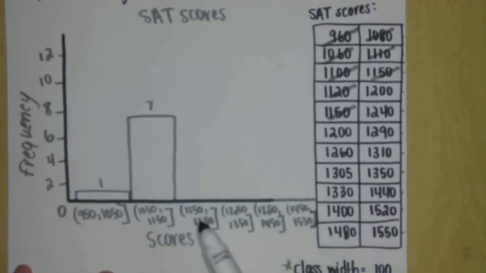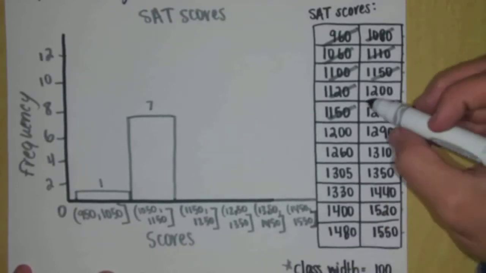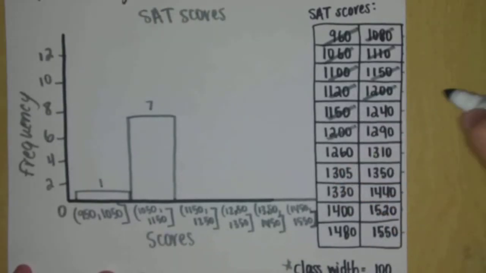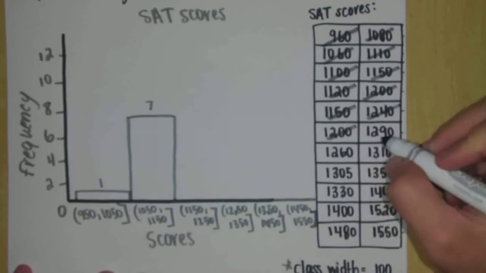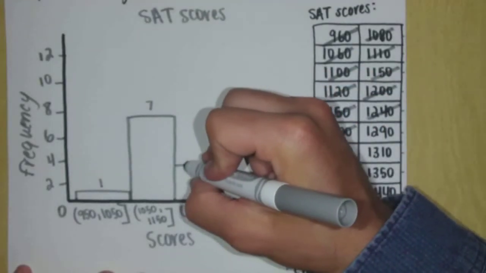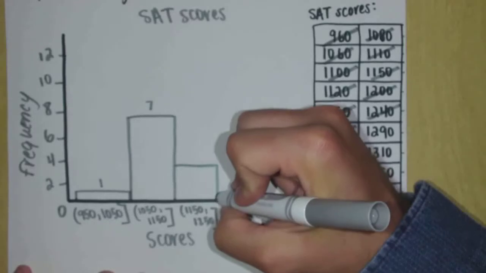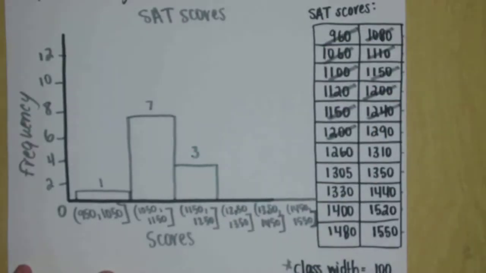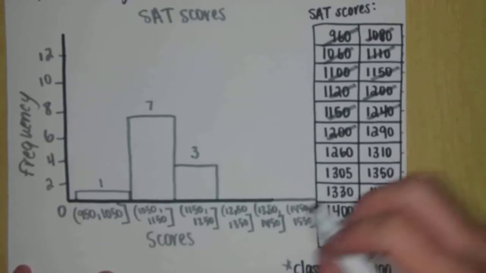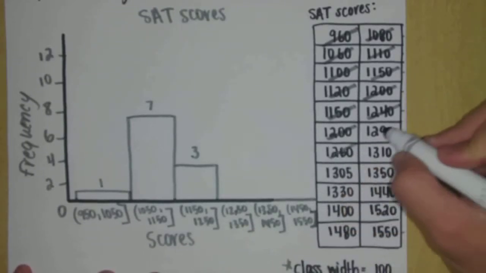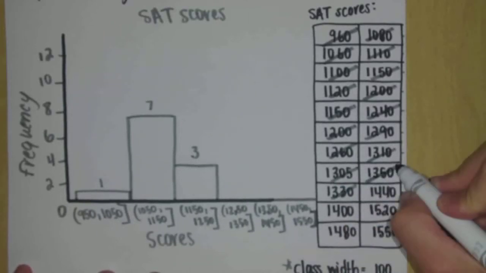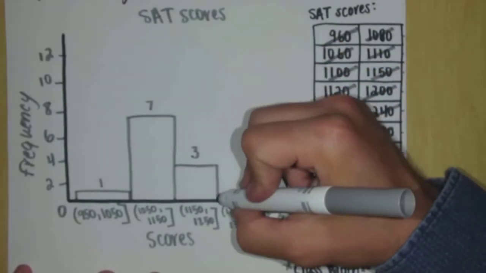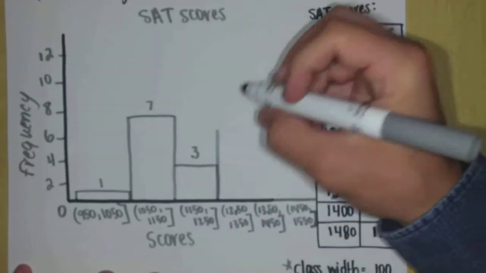Now I'm going from 1150 to 1250. So 1200 twice. So there's 2. 3. But my next is 1260, and that's too high. So this is going to have a frequency of 3. That means 3 people scored between 1150 and 1250. Then we have 1250 to 1350, so 1, 2, 3, 4, 5, 6. I can include that. We're going all the way up here to 6.